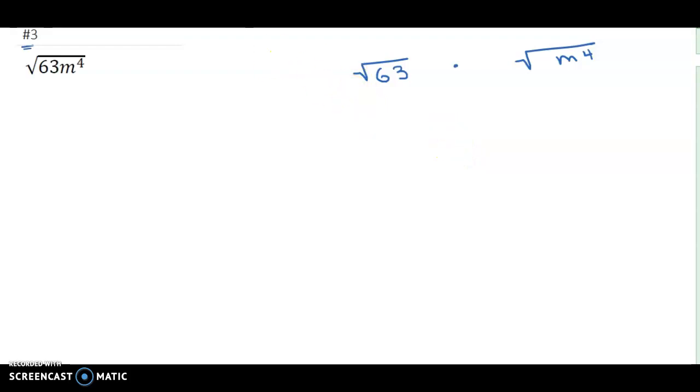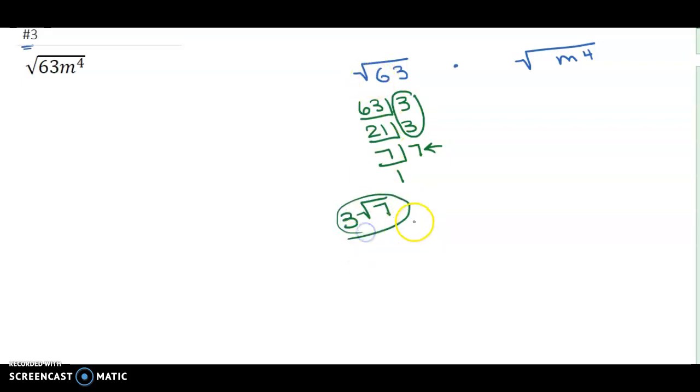So if I break 63 down, I know 3 goes into 63 21 times, 3 goes into 21 7 times, 7 goes into 7 once. I have my pair of 3 that goes on the outside. My leftovers go in the fridge. So the square root of 63 reduces to 3 square root of 7.